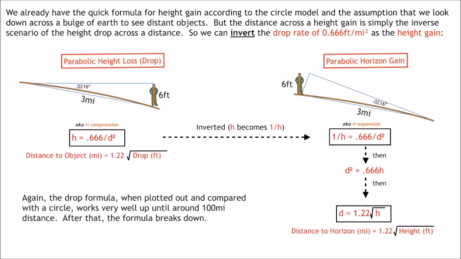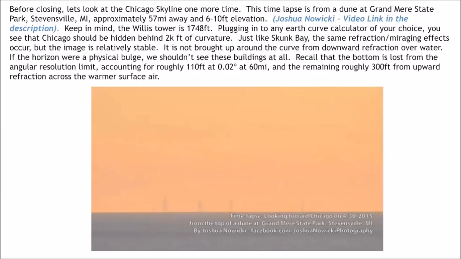And they are, again, very similar in that respect. So the parabolic horizon gain is much more accurate to a circle. But again, the drop formula, when plotted out and compared with a circle, works very well up until 100 miles, and after that, that aspect of the formula breaks down.